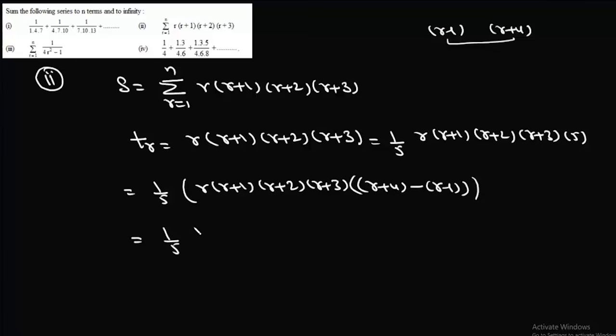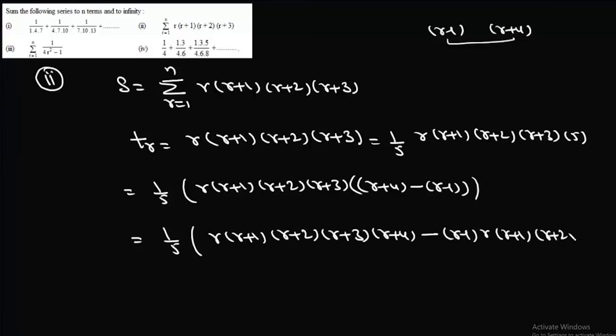We can write 1 by 4, and this is (r+1)(r+2)(r+3)(r+4), and minus, and this is (r−1)(r+1)(r+2)(r+3). So that's our rth term.